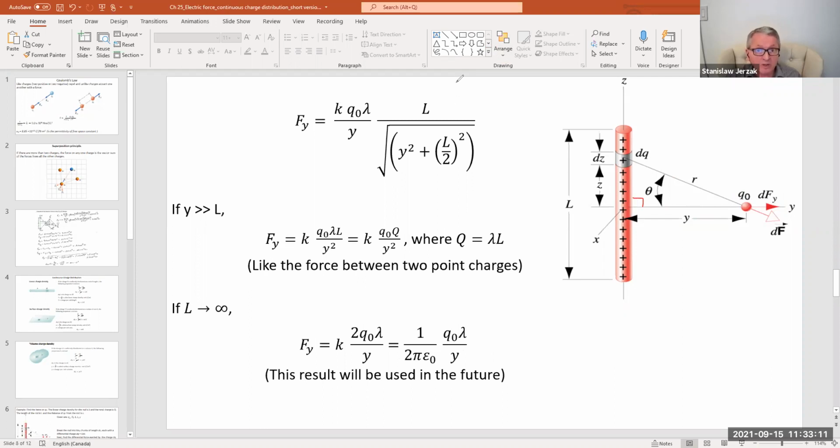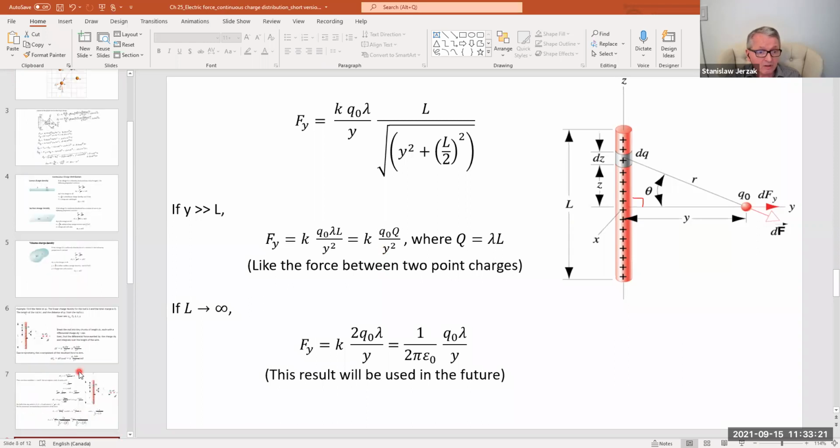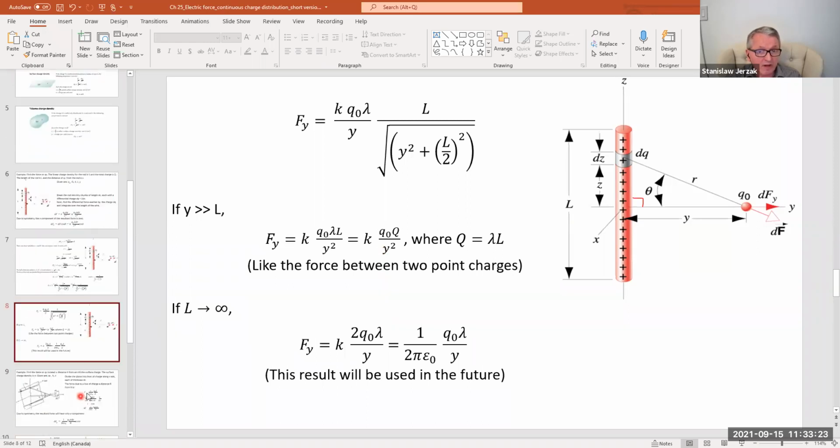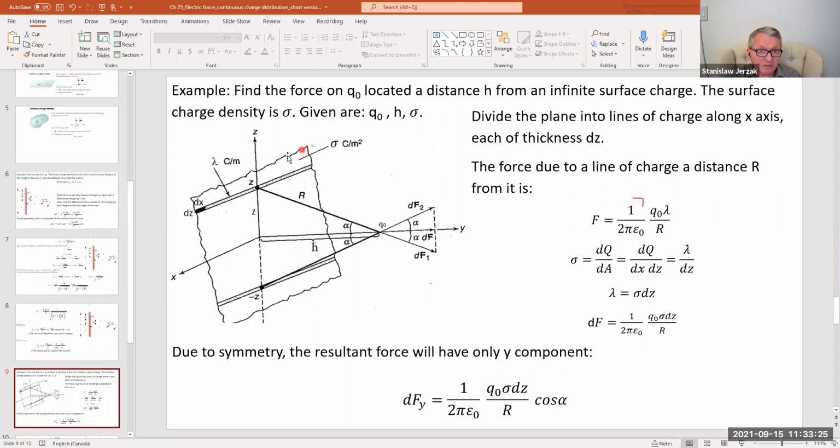And then we used this result to calculate the force due to a plane of charge. So this is the plane of charge, which is in the XZ plane. That charge we took to be positive, and the charge is uniformly distributed on that plane.